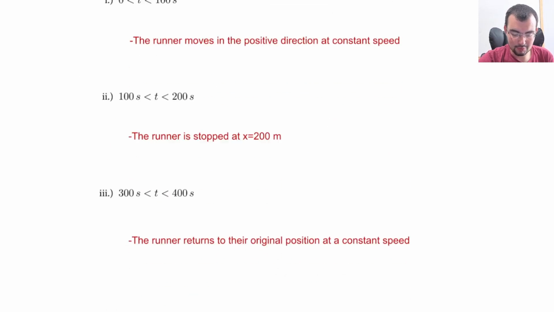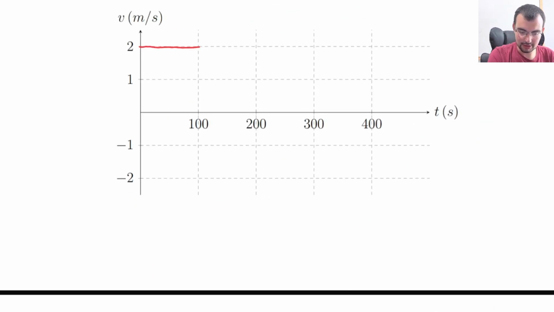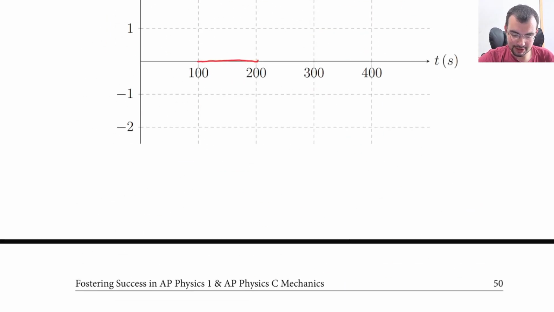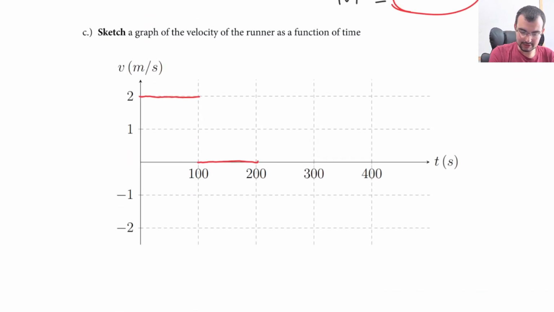They take a breather from 100 to 200, so they don't move at all. And then from 200 to 400, they go back to their original position at that lower speed. So it is a negative velocity because they're going back towards their house or wherever they started from for that time.